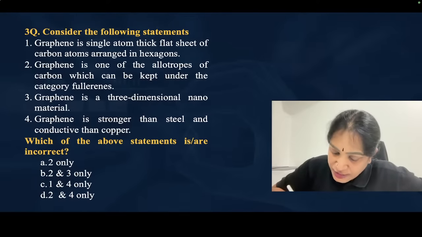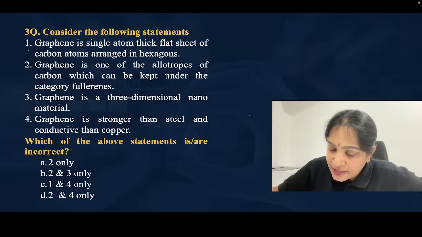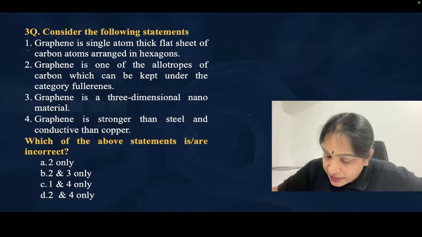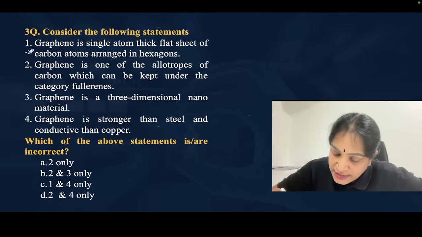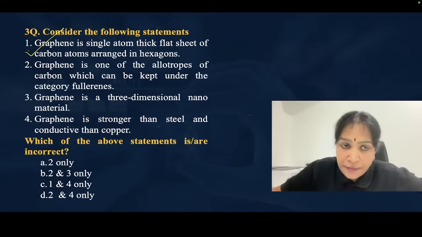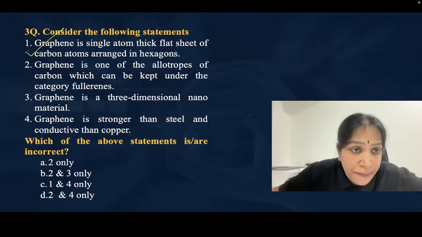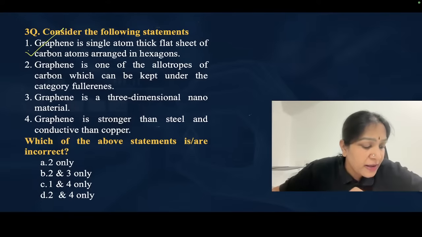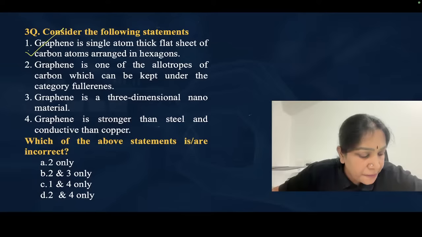Okay, let us check the statements. Graphene is a single atom thick flat sheet of carbon atoms arranged in hexagons, correct. Graphene is one of the allotropes of carbon, correct. But can we keep it under the fullerenes category?